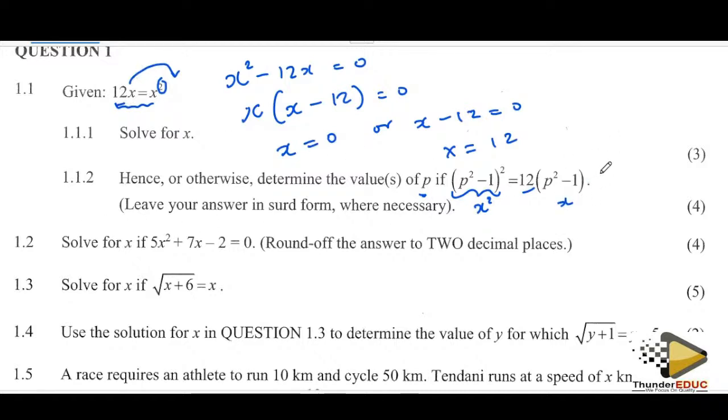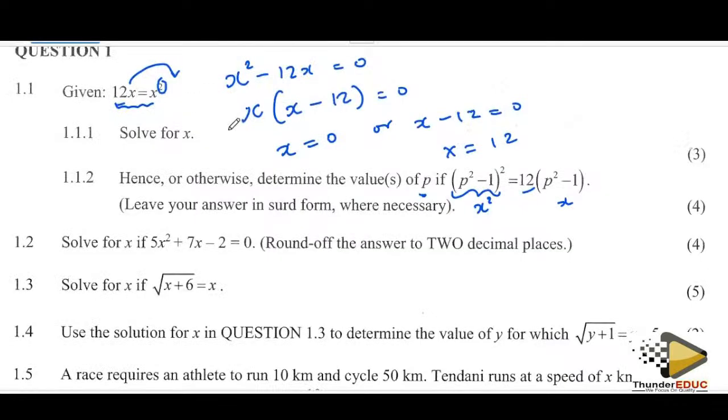So which means, okay, this is 1.1.2, I'll let my p squared minus 1 to be x.